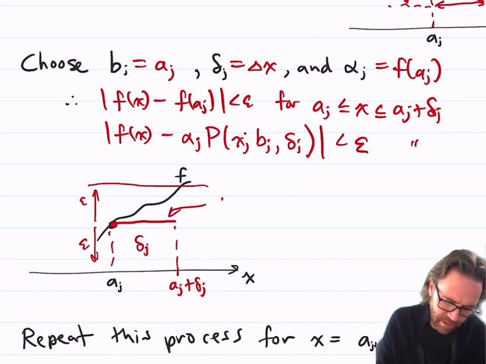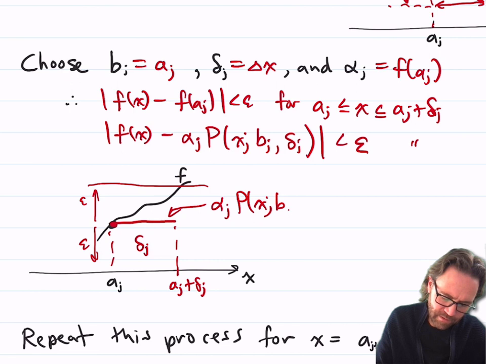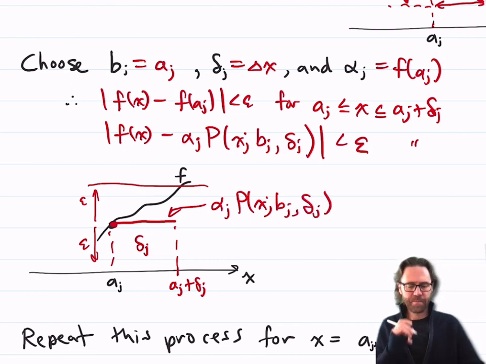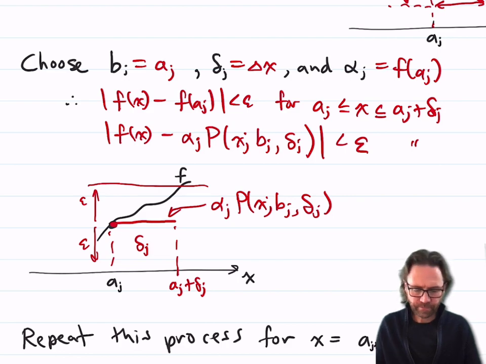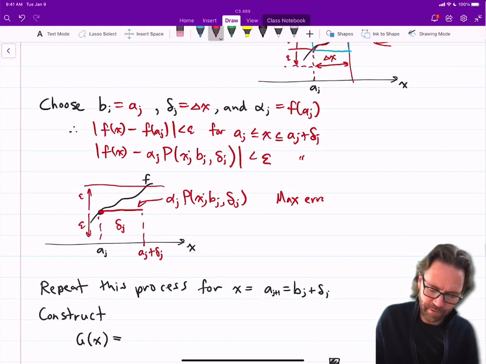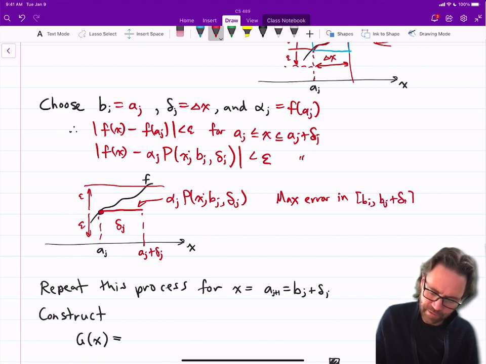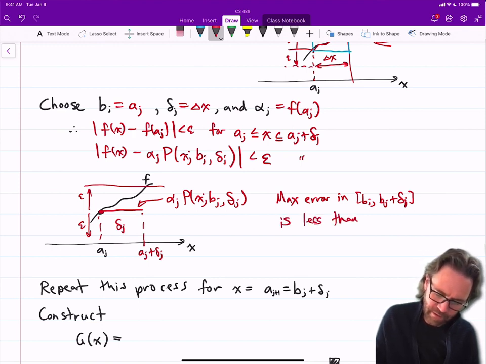This thing here is alpha_j times p of x, starting at b_j with width delta_j. The max error in the interval b_j to b_j plus delta_j is less than epsilon.